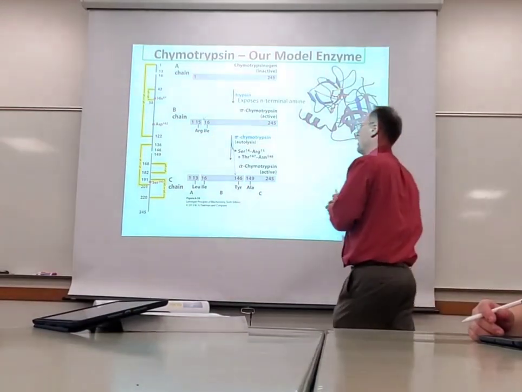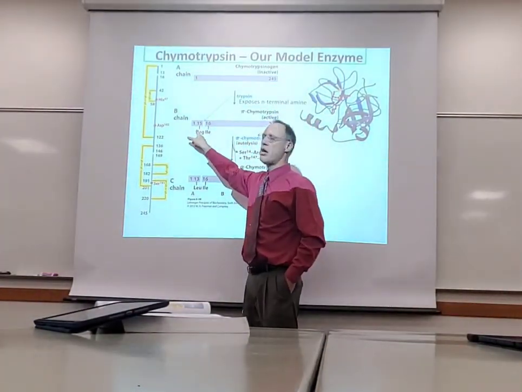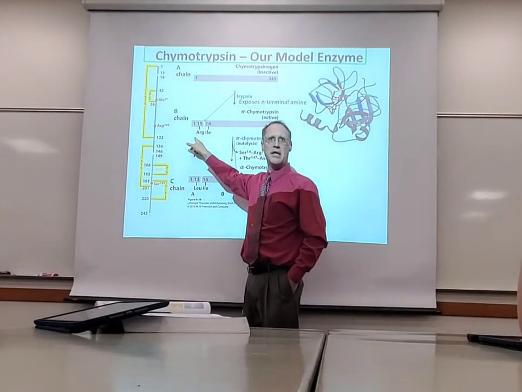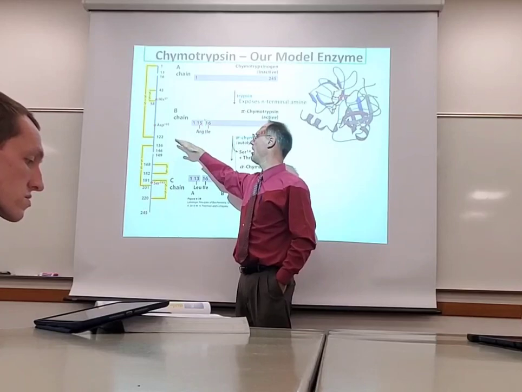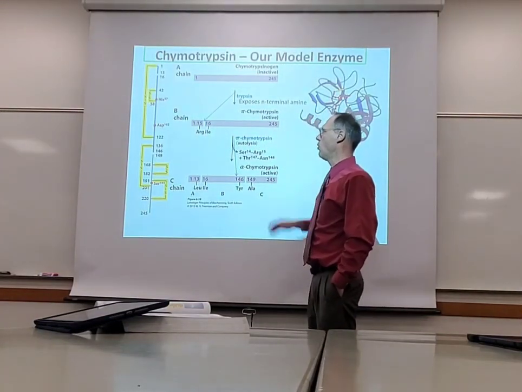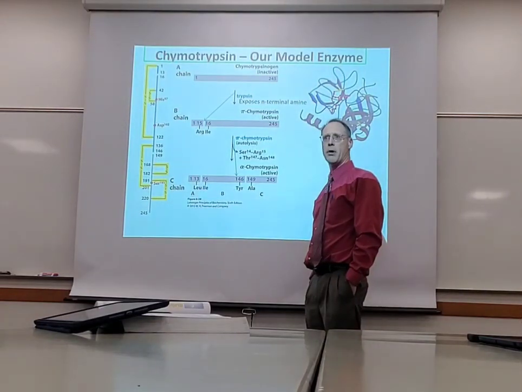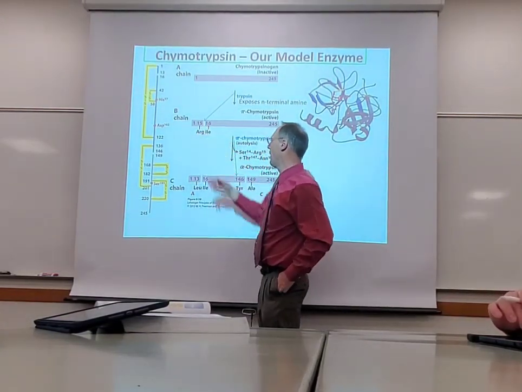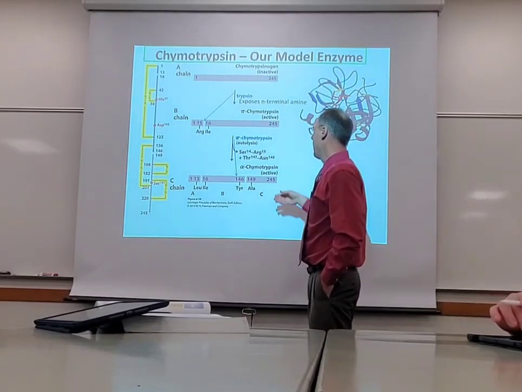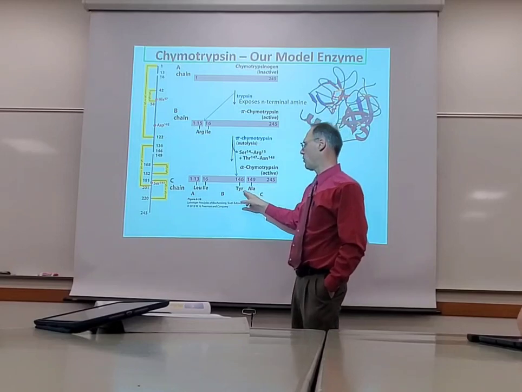Trypsin activates it and cleaves at arginines and lysines, so you can see it's cleaving right here. On which side, the C terminal or the N terminal, based on counting 1 to 245? The N terminal, because we write N to C. So it's cleaving on the C terminal side, and then it does another autolysis where it interacts with tyrosine.